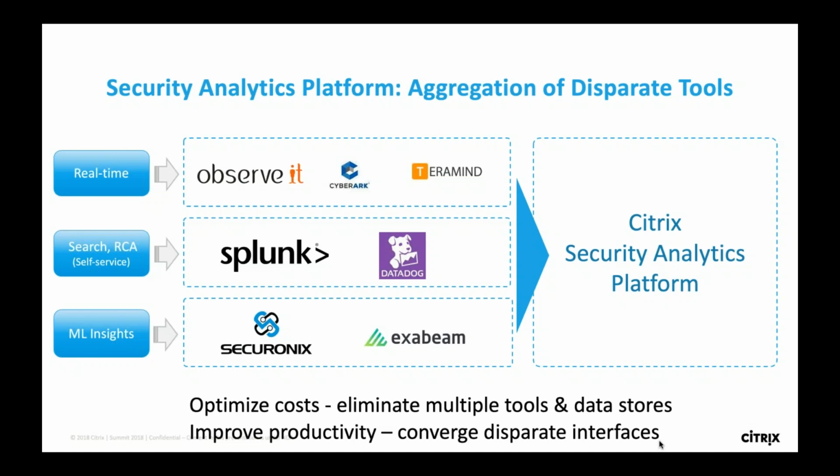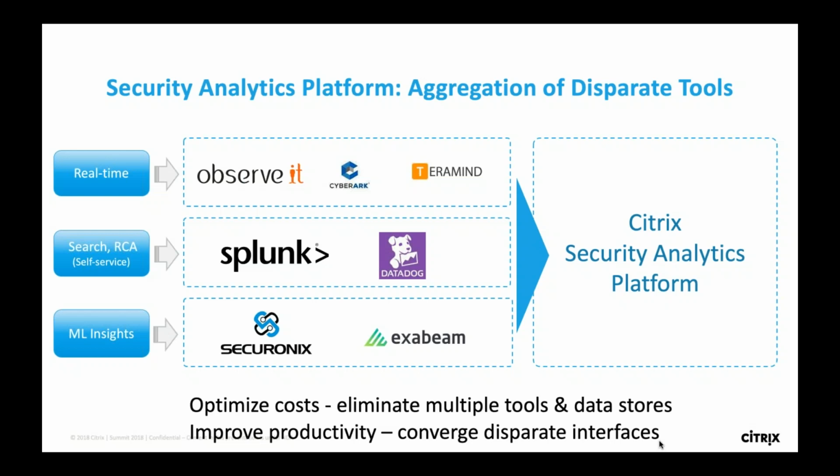Then the other key takeaway is the fact that Citrix Analytics provides you some key features from across multiple different products. So today, a lot of our customers use a whole host of products for tracking events and getting alerted. So, for example, we've seen people using Observe IT for features that are similar to session recording.